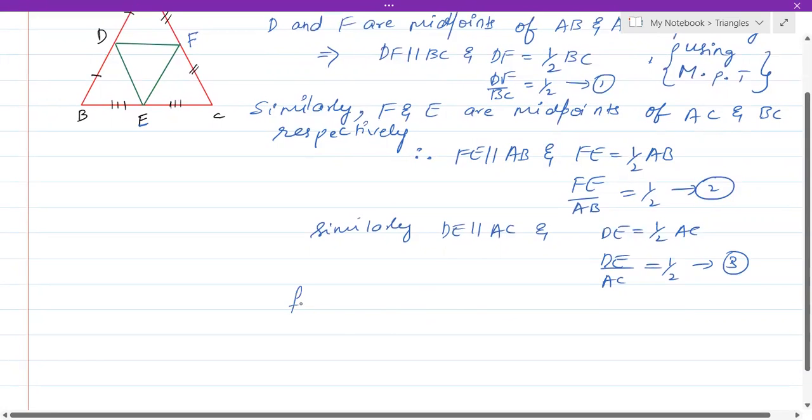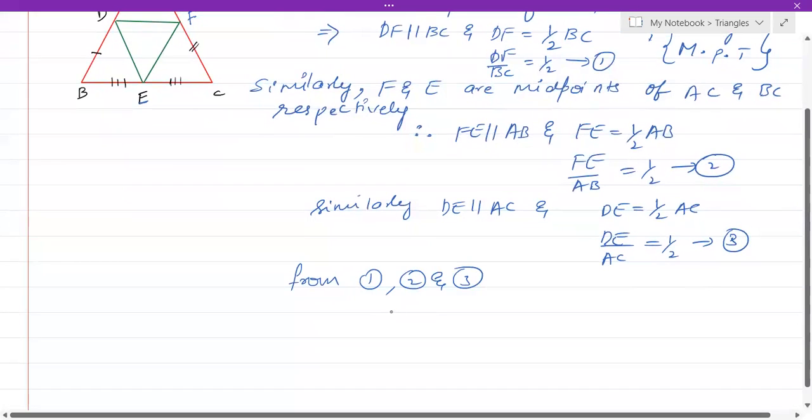From 1, 2 and 3, we can conclude that DF by BC will be equal to FE by AB, which will be equal to DE by AC.